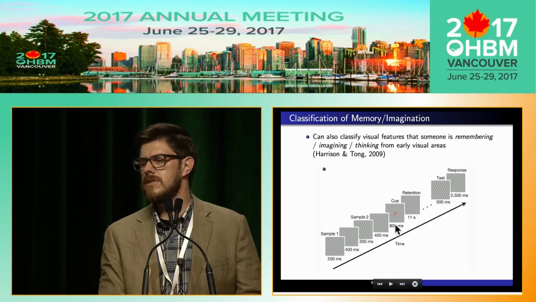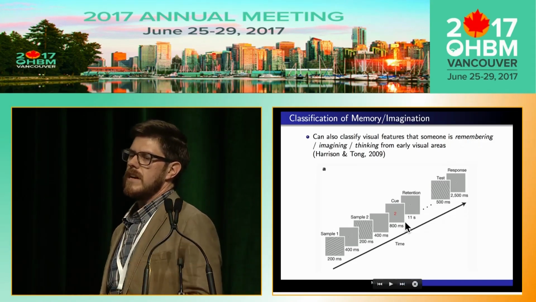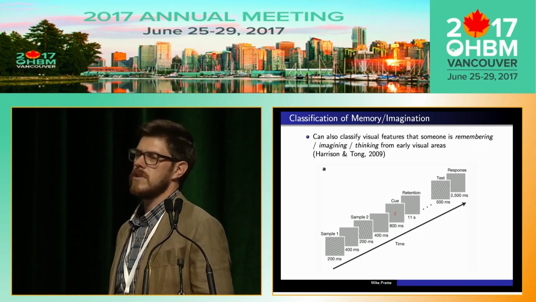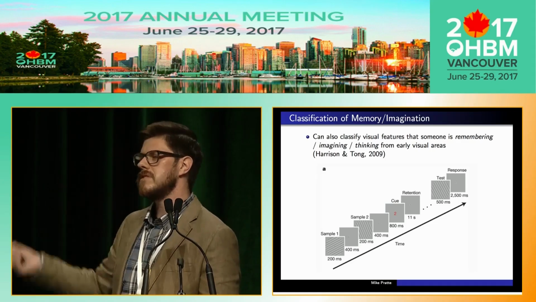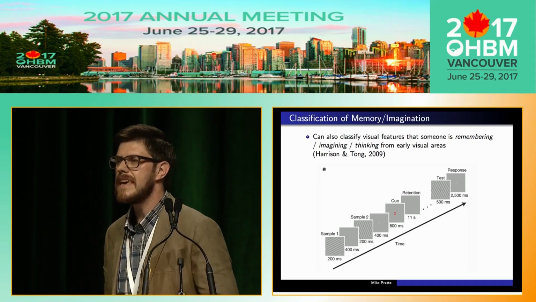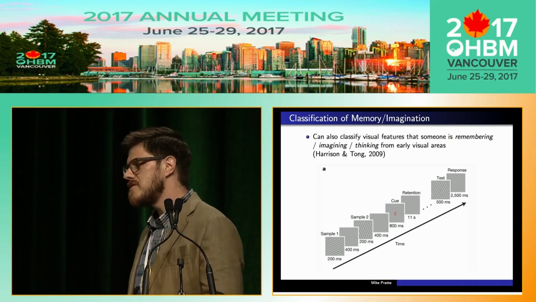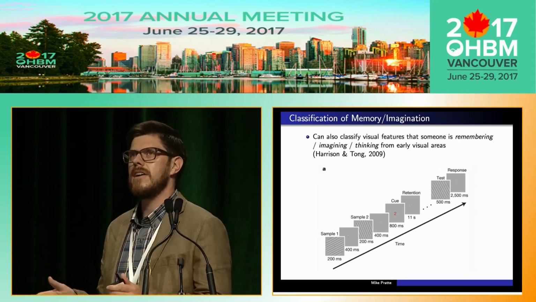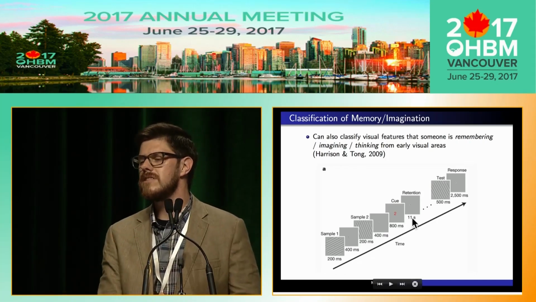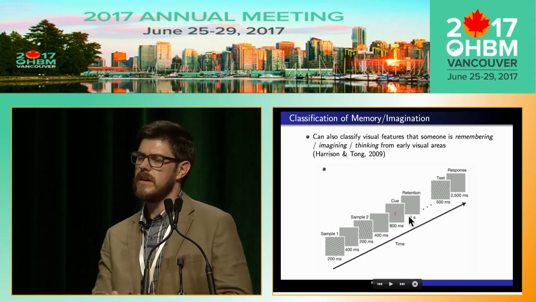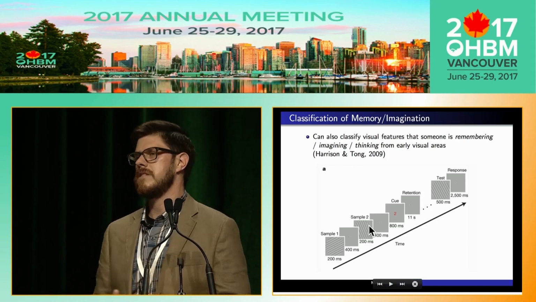And then after the cue, there's a retention interval. Here it's 11 seconds. I've done up to 30 seconds. It's excruciating for a subject because what you have to do in this retention interval is think about the grating. The instructions vary. You can say imagine it, think about it, remember it because I'm going to test you on it in a second. But you're essentially sitting here staring at a blank screen thinking about some orientation.